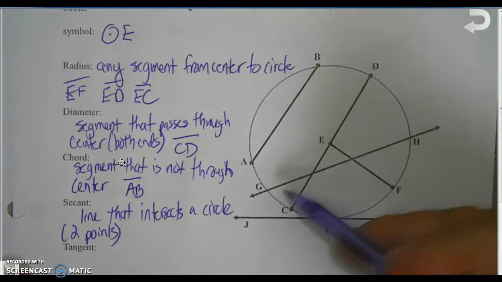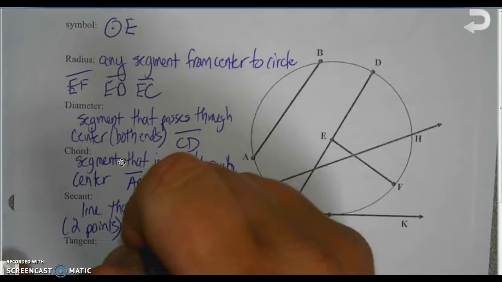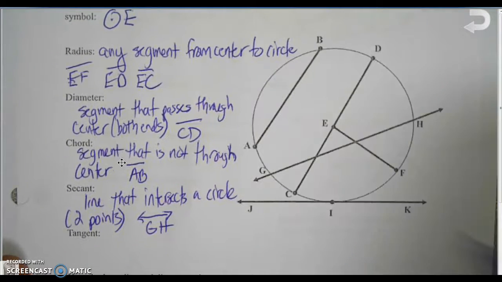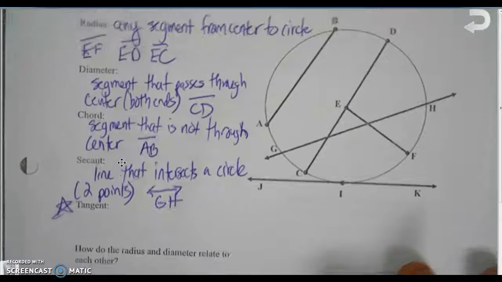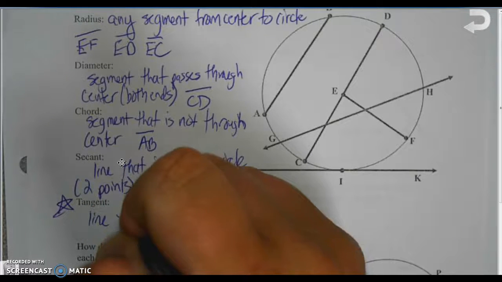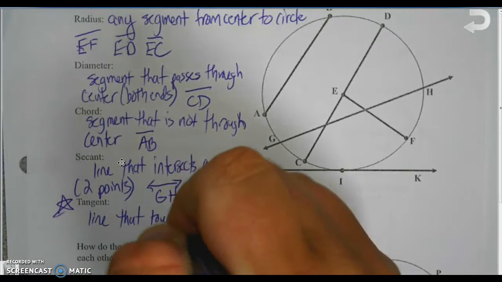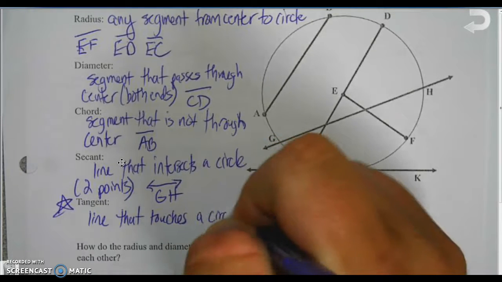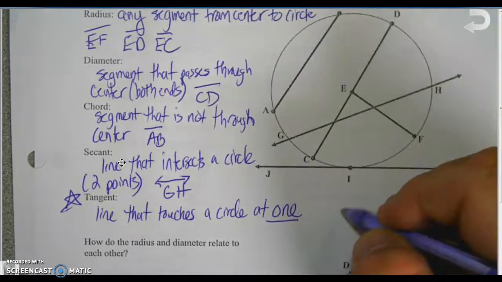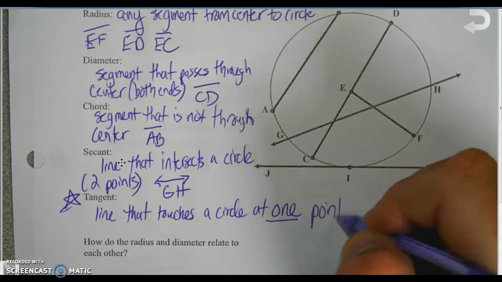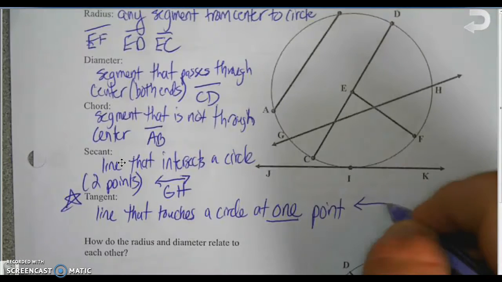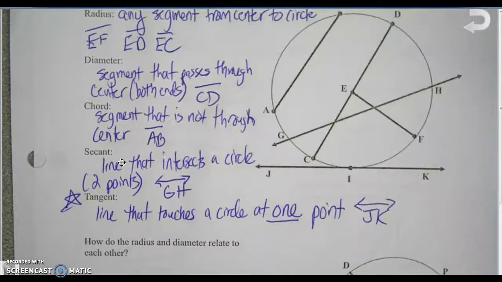And so the secant in this circle is line GH. And the one that we're going to talk about the most, and the one we're going to focus on today, is a tangent. And that's a line that touches a circle in 1 point. And so our tangent in this picture is line JK, and it touches the circle at point I.